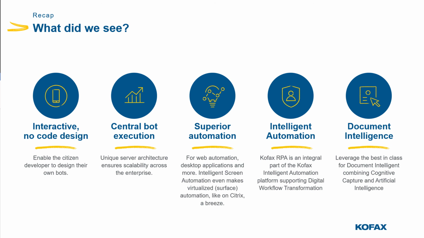You saw how we were able to automate web applications, desktop applications. You saw how we could use things like Citrix as well. You saw how this all fits together within Kofax Intelligent Automation, and you saw live how we were combining document intelligence, cognitive capture, artificial intelligence with RPA.